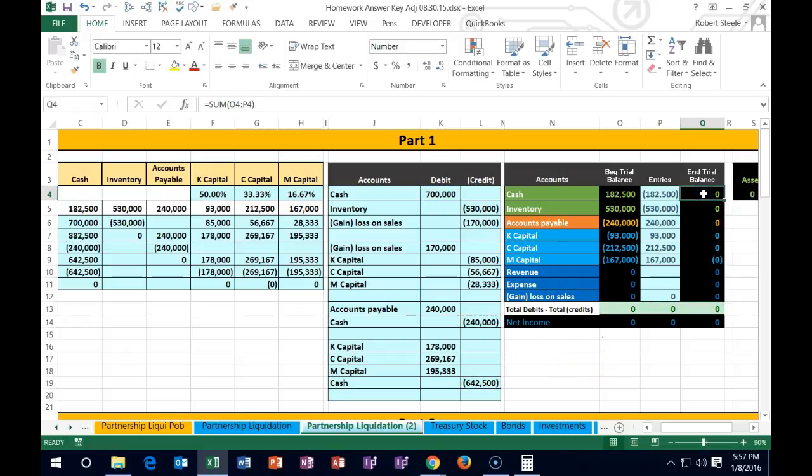So now we have liquidated the company, taking everything from the trial balance down to 0. Remember, the process of the liquidation will be that we want to sell the assets represented by just inventory in this simplified example. Then we want to allocate the gain or loss to the partners in the partnership.